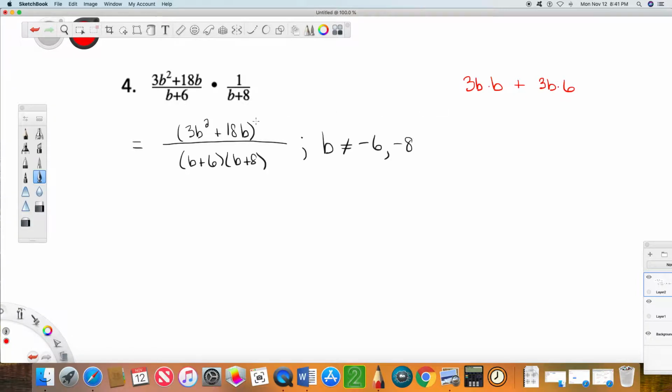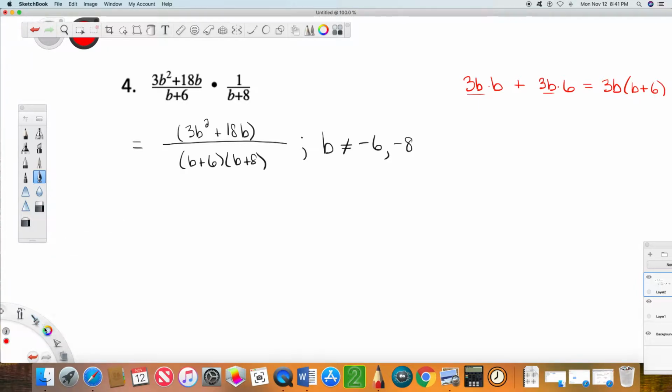Because 3 times 6 is 18. Multiplication, I can do it in any order. And look there, you see that I have a 3b and a 3b that's common to both terms. If I factor that common factor out, what I have left is a binomial, and that first term now is just b, and the second term is 6.